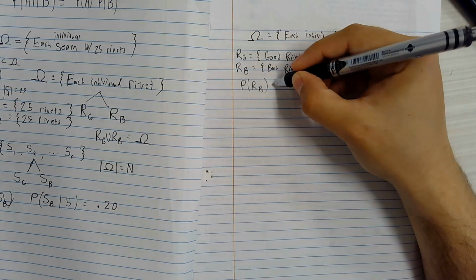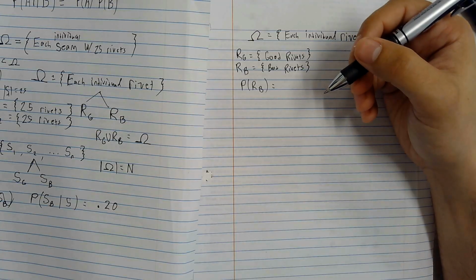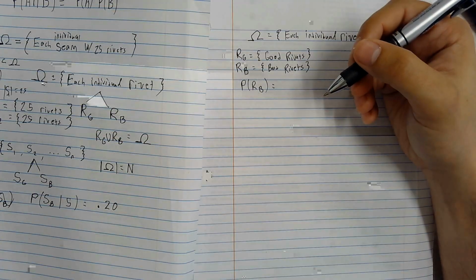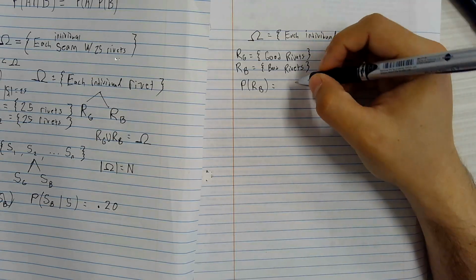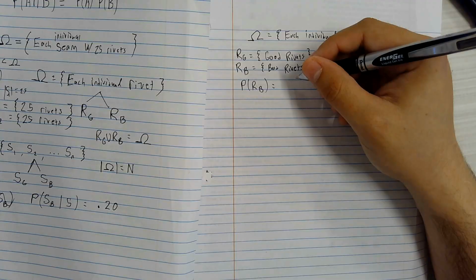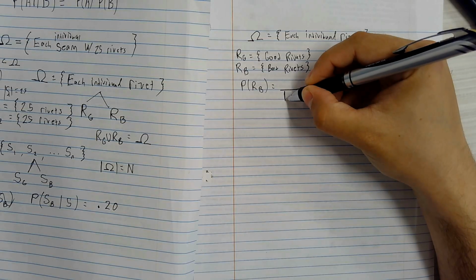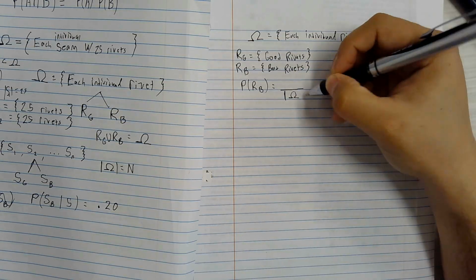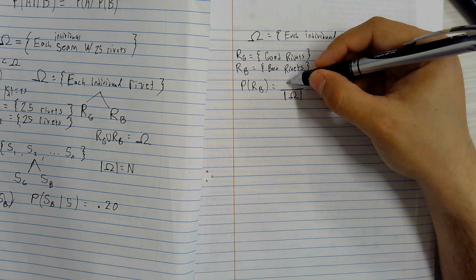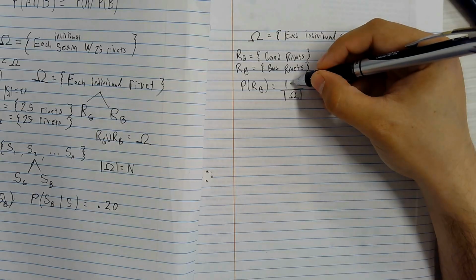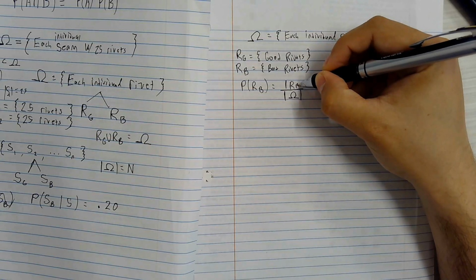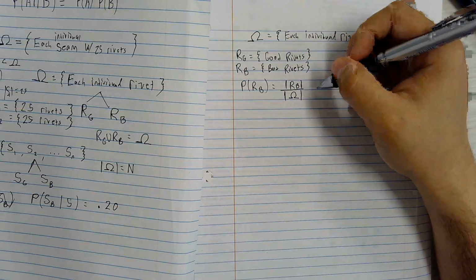And then the probability that we have a bad rivet is going to simply be, what is it, the size of RB over the size of omega, right?